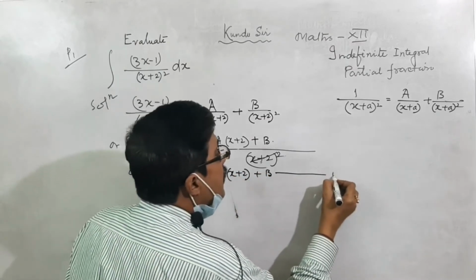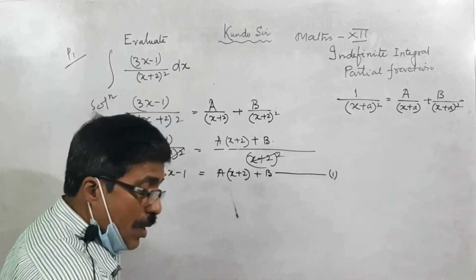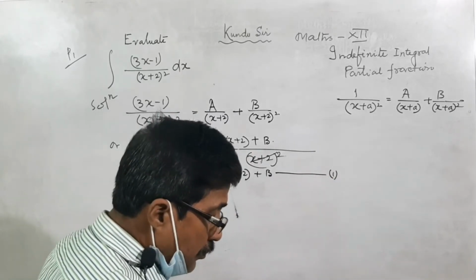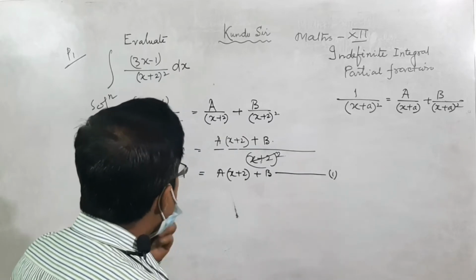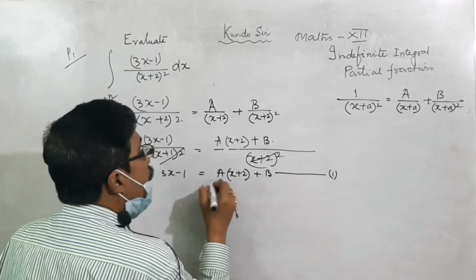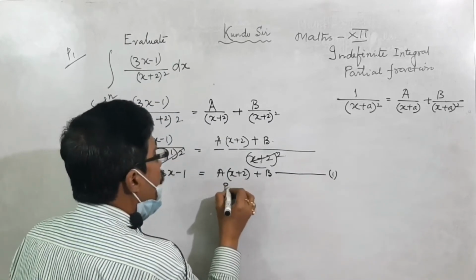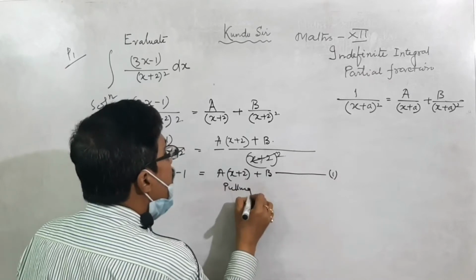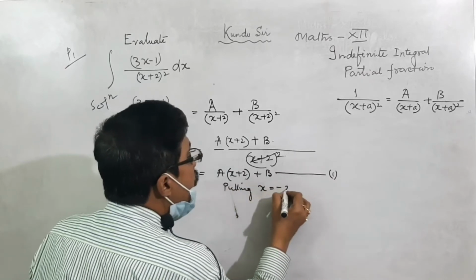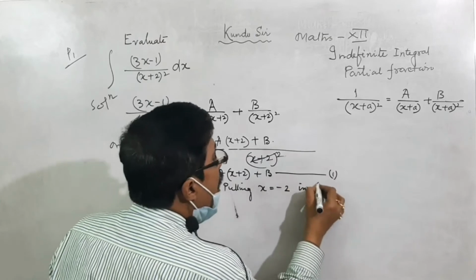We are marking it as 1. Then we are putting x equal to minus 2 in 1.